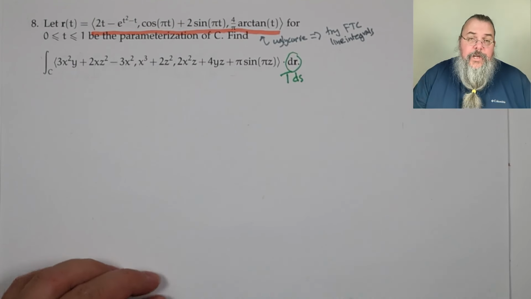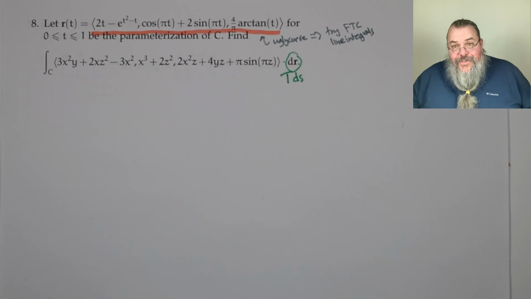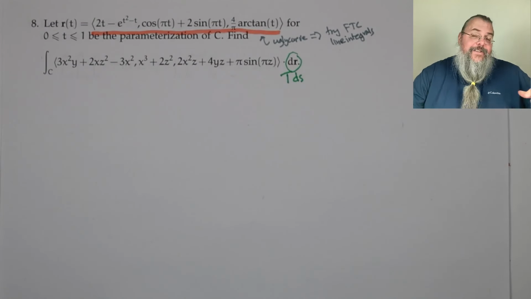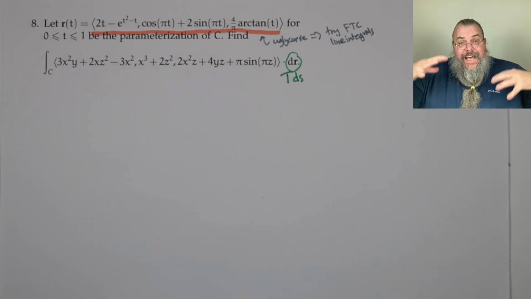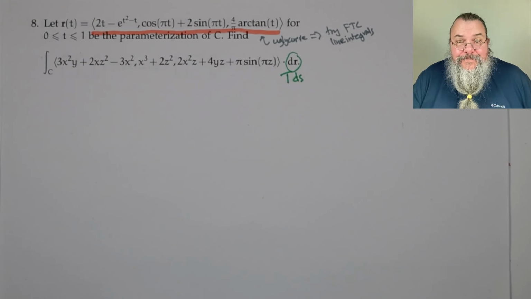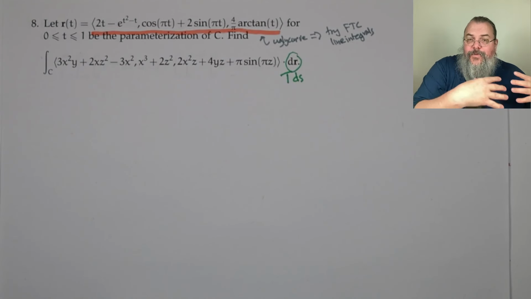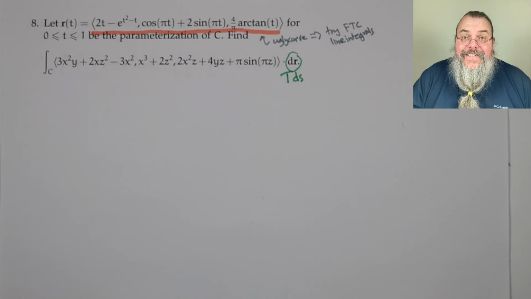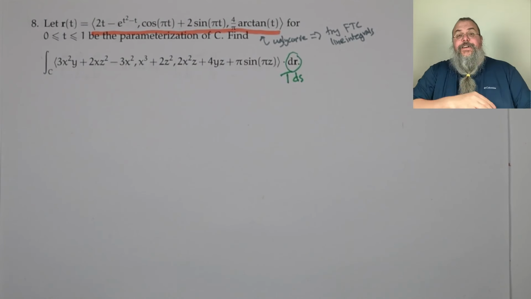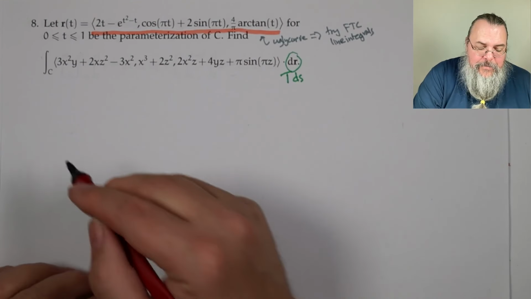Well, we are thinking that this function is not just a random function. It's not something that just walked in off the street. It actually came from someplace. And that someplace is saying what? We think this is a conservative function. All right, with that in mind, we say, okay, let's try to find a potential.